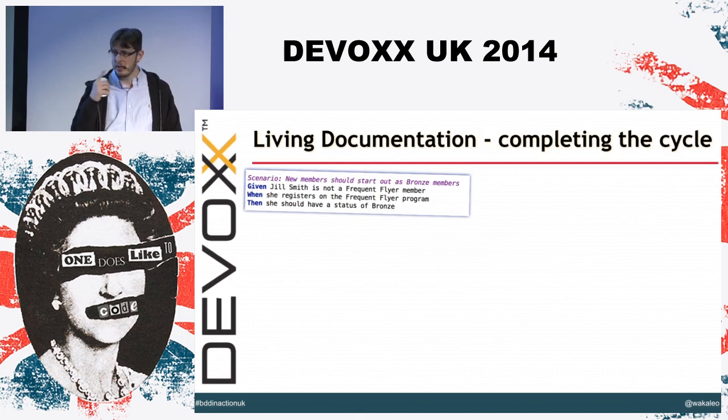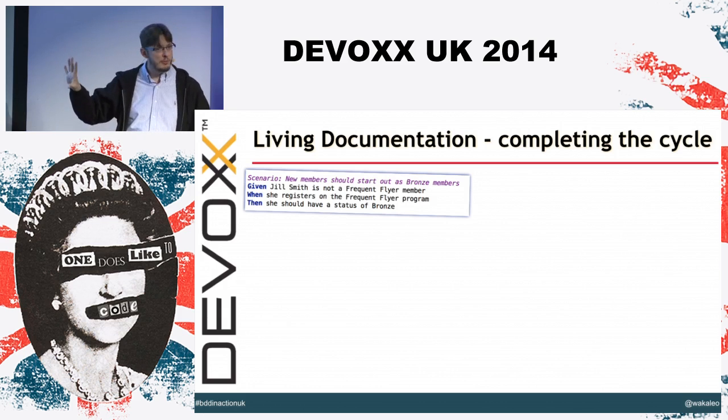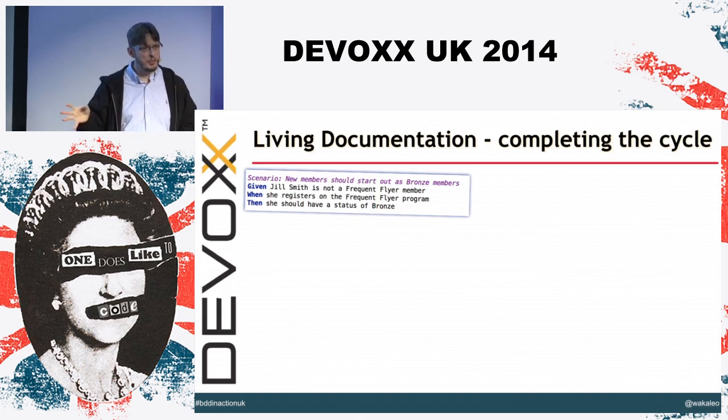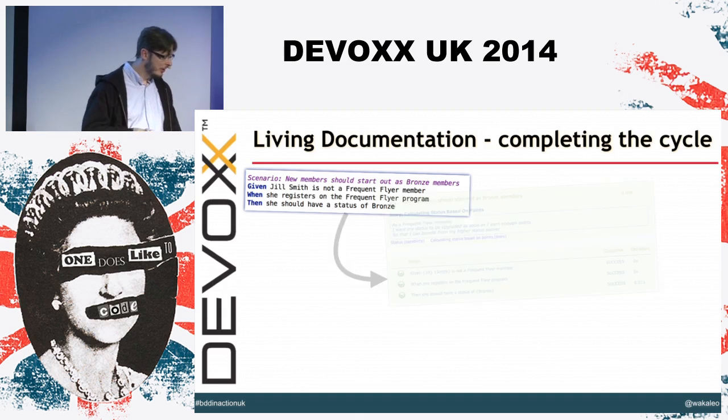Different organisations I've worked with do this in different ways, but typically you will try and generate living documentation out of these reports. And the standard Cucumber JBehave reports are pretty poor. So usually you have to do something a little bit more sophisticated.